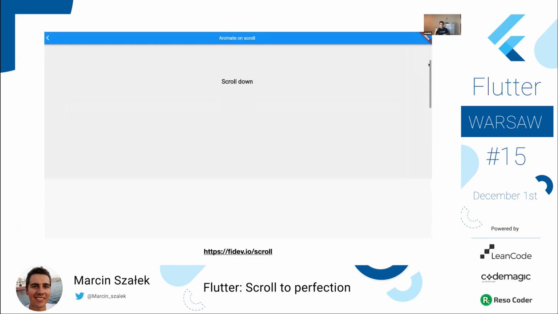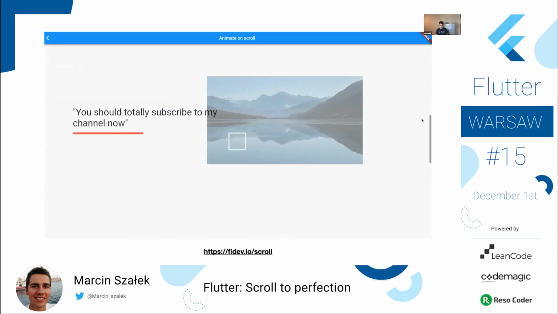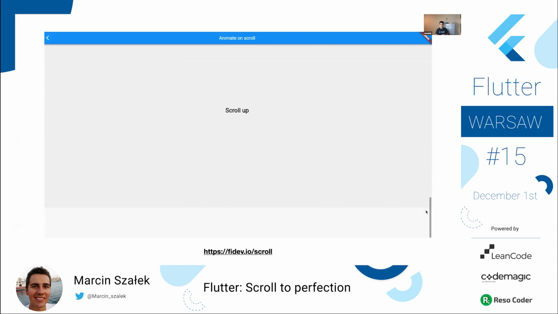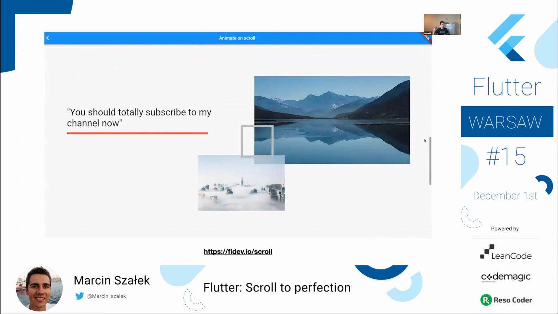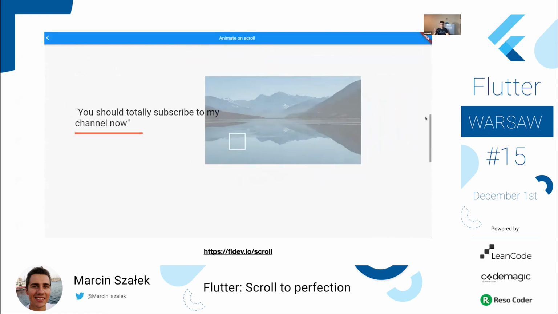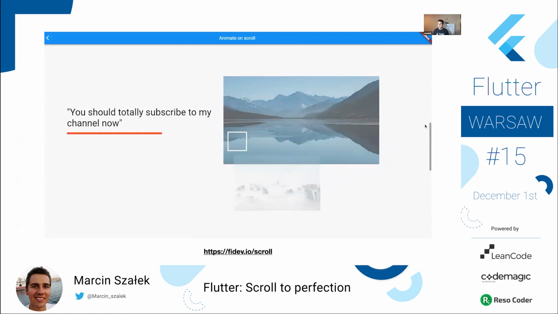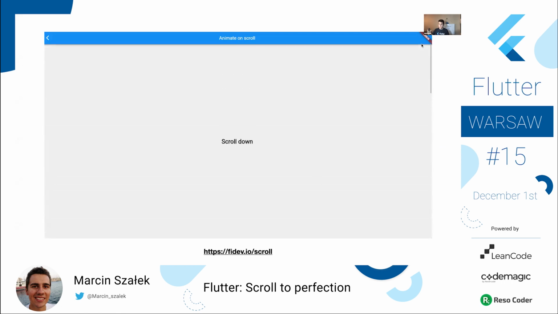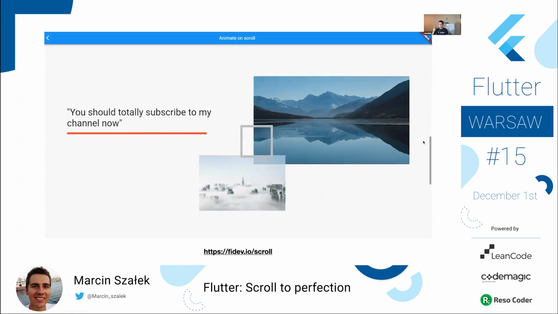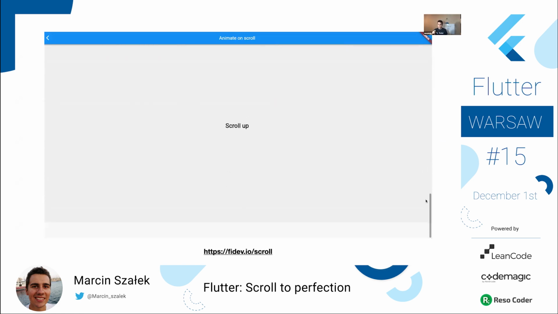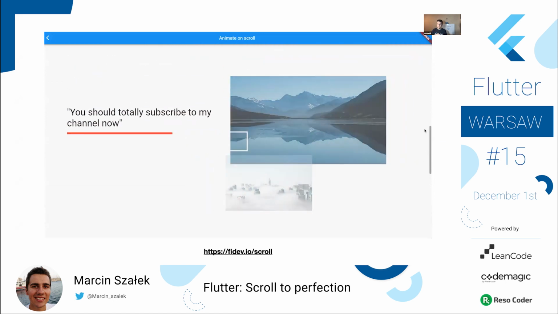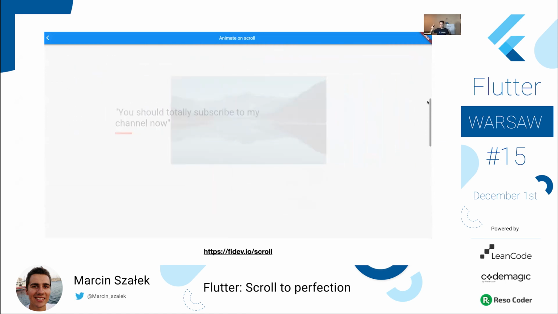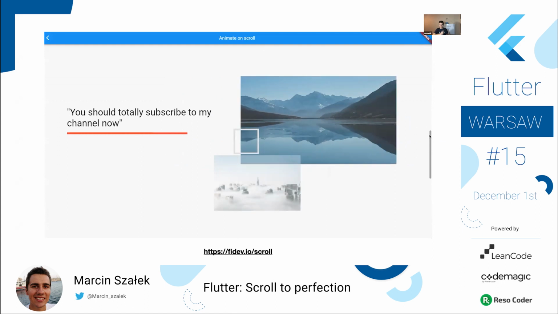And it can be easily done with slivers as well. Actually, in this example, it's persistent sliver header or sliver persistent header, something like that, which will achieve this effect. Now, if you want to see how can it be done, there's the link below, feedev.io/scroll, where you can find the link to GitHub and see the code.